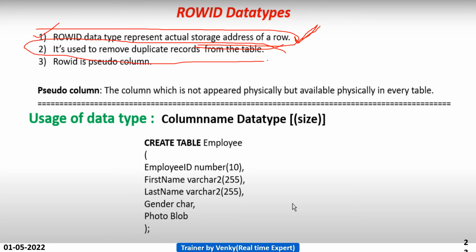In every interview, they will ask how to delete duplicate rows. There are multiple ways. One is using the ROWID. So we can remove the duplicate rows from the table by using ROWID. ROWID is a pseudo column, the column which does not appear physically.